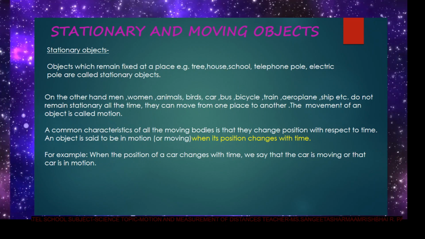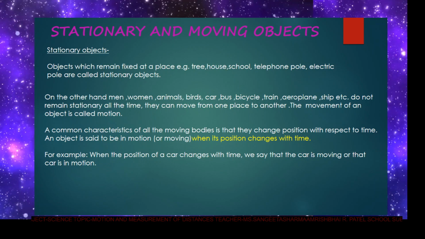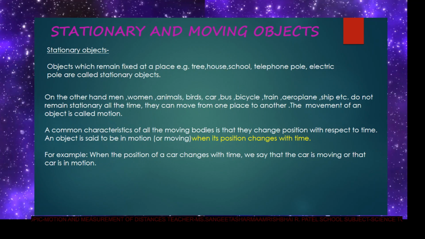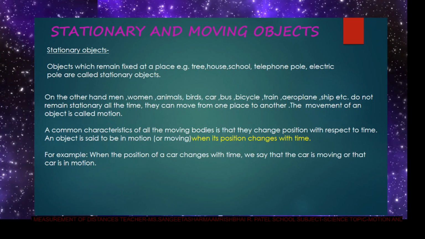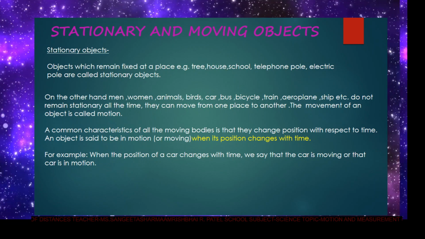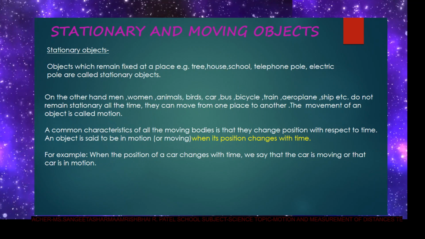It may be in the market, maybe in your school, anywhere that you are going. So the car is in motion. Again, when you stop the car and come out of the car, it will be at rest. I hope you understand when an object is at rest and when it is moving.